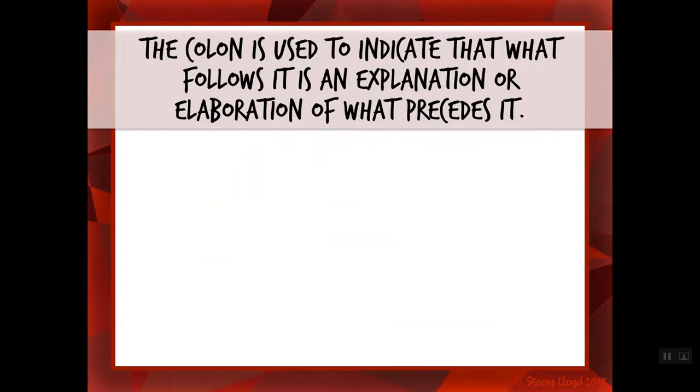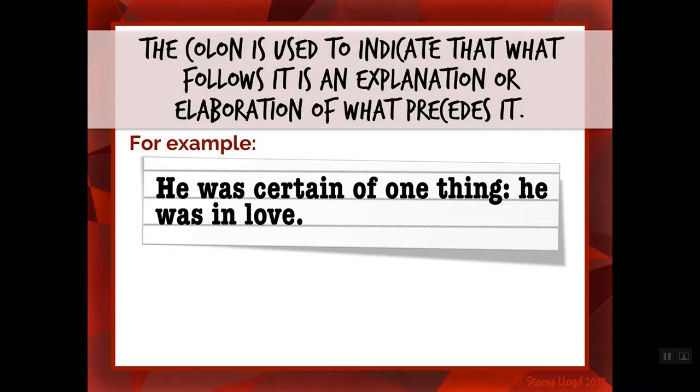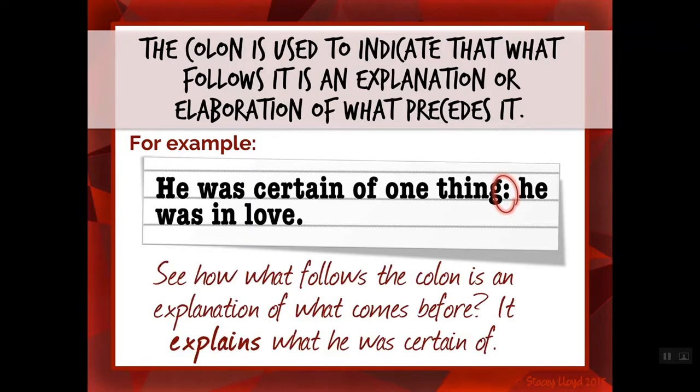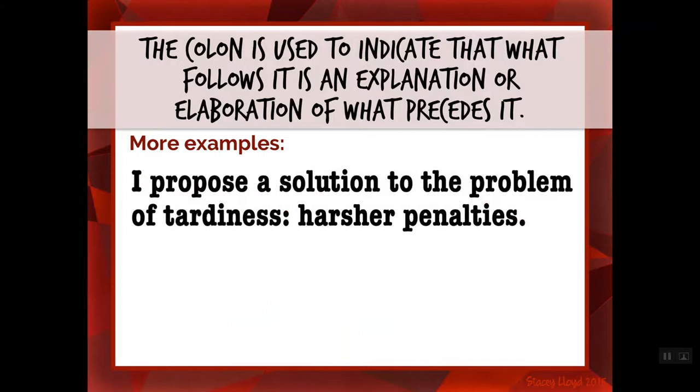The colon is also used to indicate that what follows is an explanation or elaboration of what precedes it. So an explanation. He was certain of one thing: he was in love. See what follows the colon is an explanation of what comes before. It explains what he was certain of. More examples.